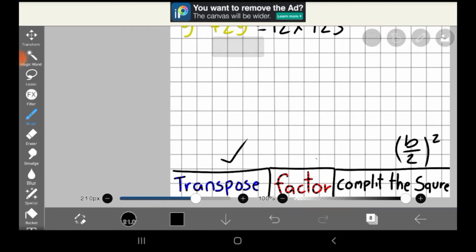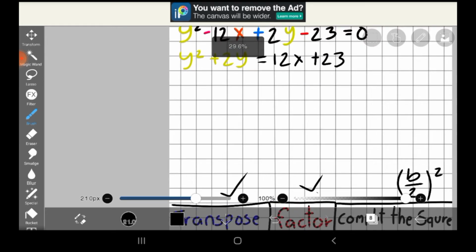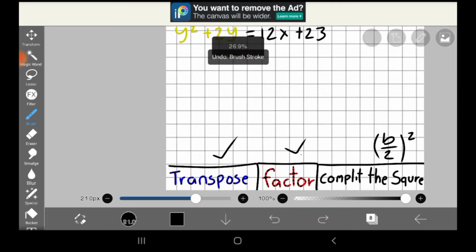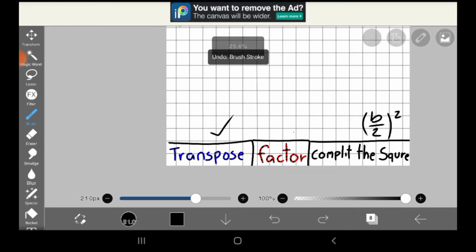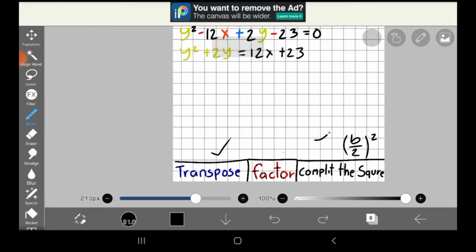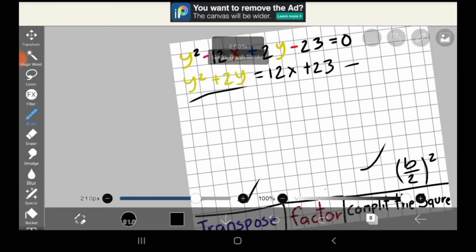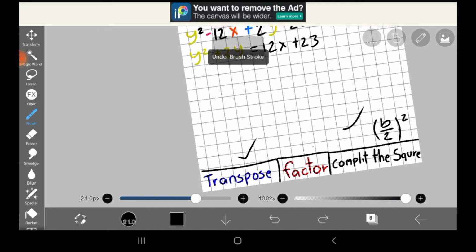We can use the factor here because look, the x-axis leading term is higher than 1, so we can use it. But before we use factor, we need to complete the square first, because after we complete the square, we will add something here. So let's first get the complete square before factoring.